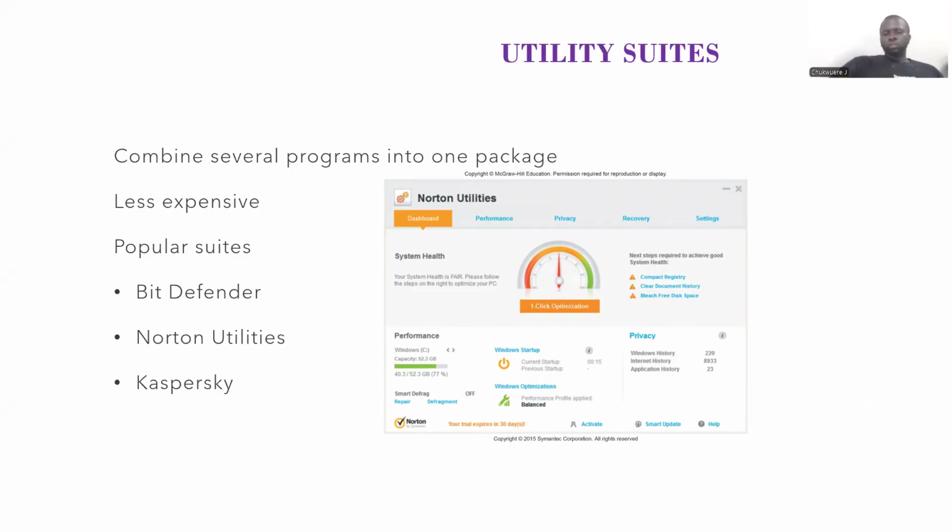Also, we have utility suites, which are a combination of programs into one package, and it makes it much less expensive. Among the most popular of these suites are Bitdefender, Norton Utilities, and all the rest of them.